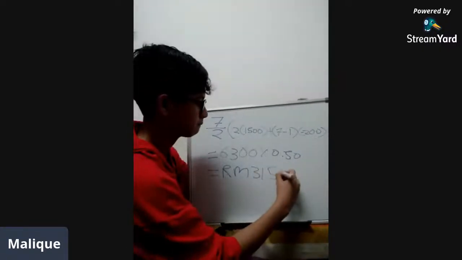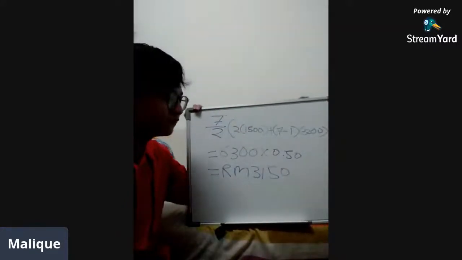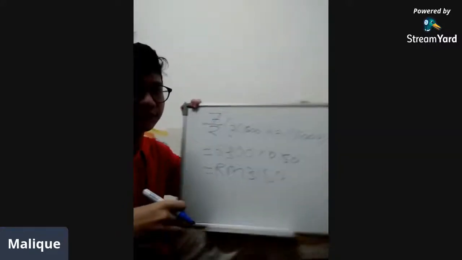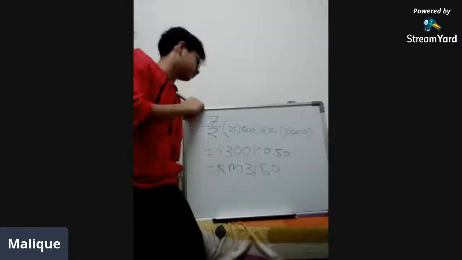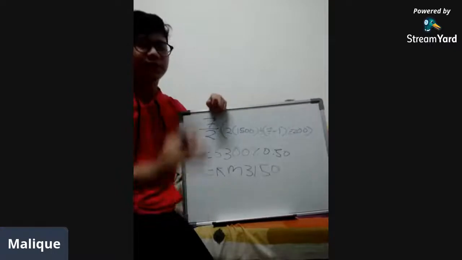3,150 ringgit, which is the total expenses of the food when there are only 300 chickens left.